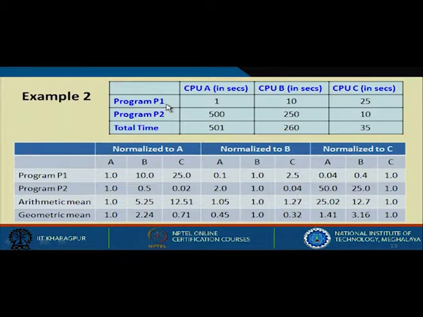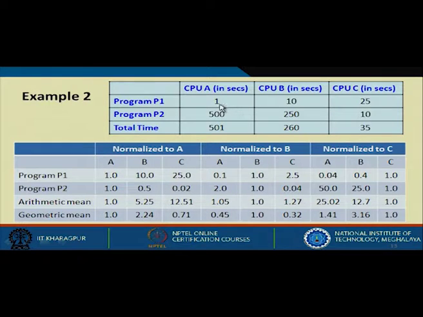Now, let us see how we compute this. Program 1 uses the same parameters that we were using. Now, see what we are doing. These values we are calculating normalized to A. That means, when we say normalized to A, we are making these two 1, and with reference to that, what are these values?